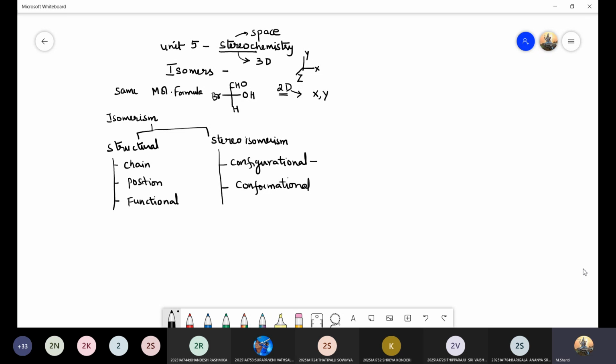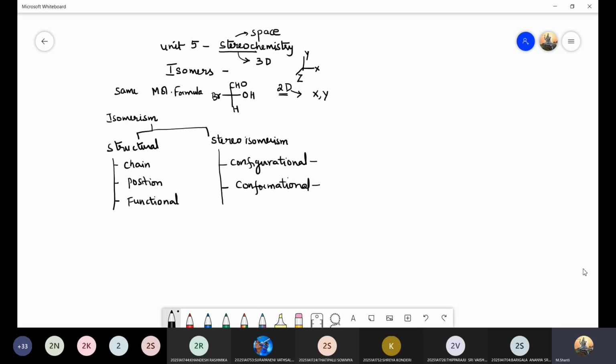Configurational isomers are those which are non-superimposable mirror images of each other and are non-interconvertible by rotation around the single bond. Like I was talking about n-butane, which is one such example that exhibits conformational isomerism. By rotation of the C2-C3 bond, you can get conformational isomers.